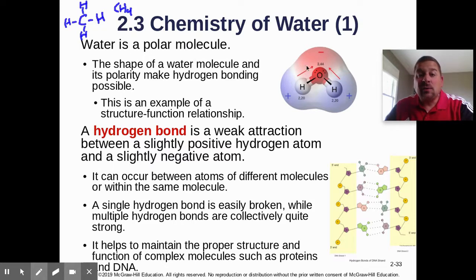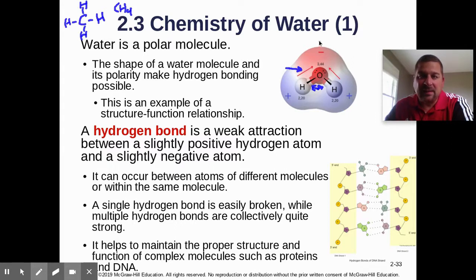With water, however, you have your oxygen here and your hydrogens here, at a 100-something degree angle between them. The oxygen atom is more electronegative. You see the red arrows here: the electrons are going to spend more time around the oxygen side.